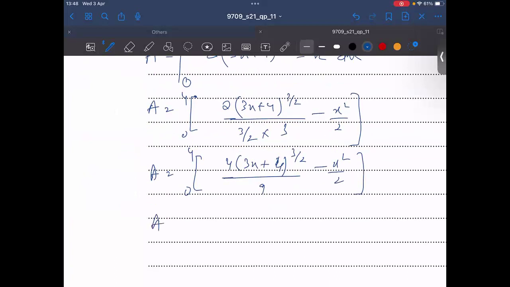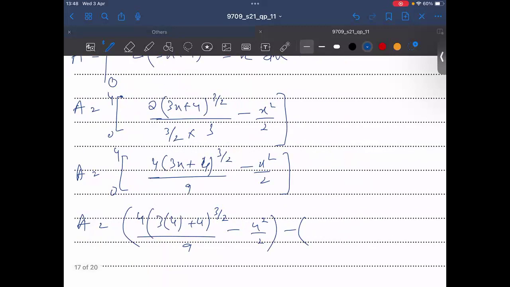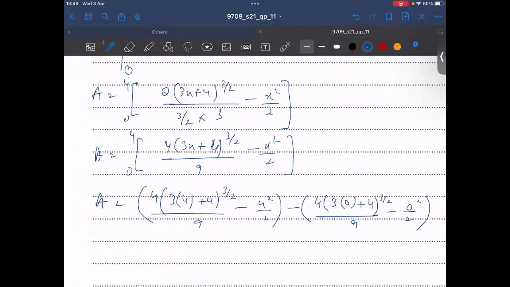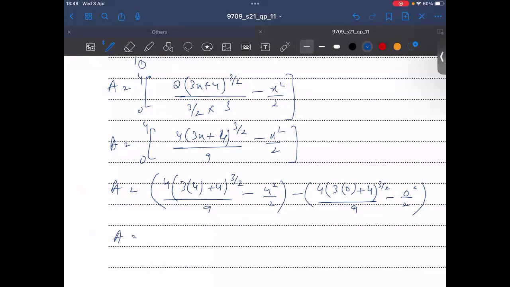And we need to substitute 4: 3 times 4 plus 4 to the power of 3 over 2 over 9 minus 4 square over 2, minus it's going to be 4 bracket 3 times... All right, Mr. Iman. 3 4 is 12 plus 4 is 16.